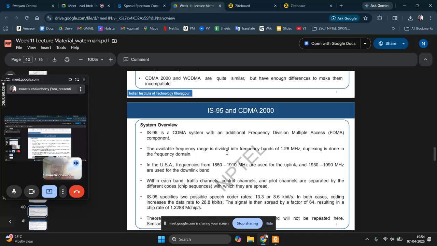So basically, you are transmitting user data in FDMA, but the pilot channel, control channel, and all that, they are separated in the code domain rather than the frequency domain.